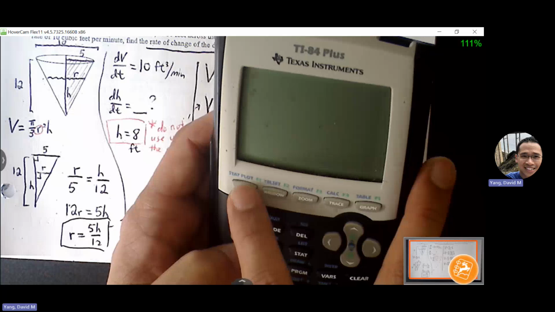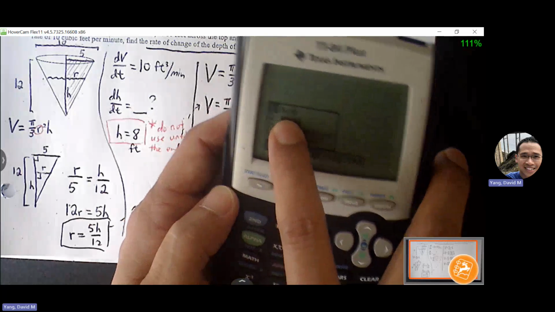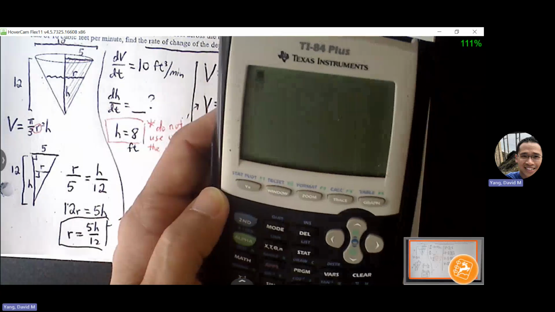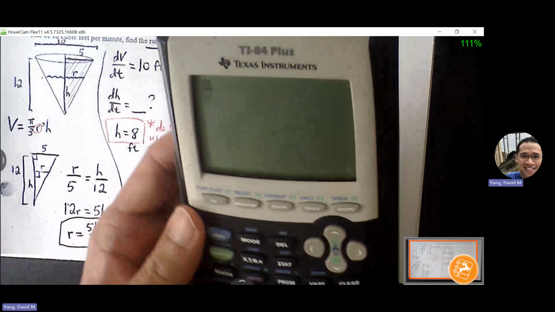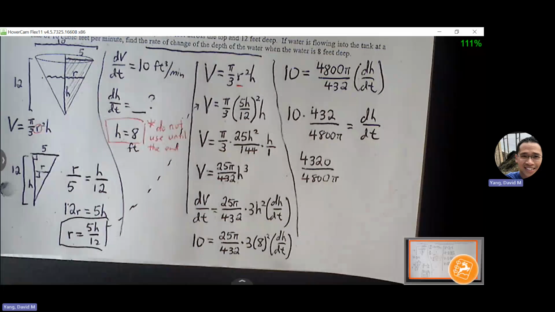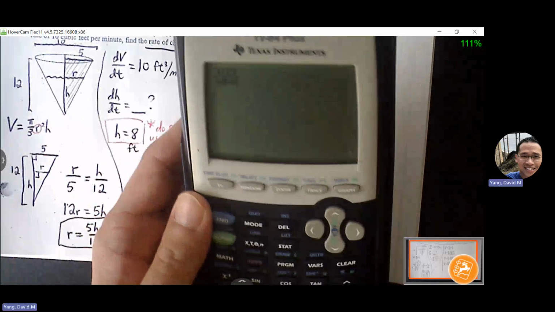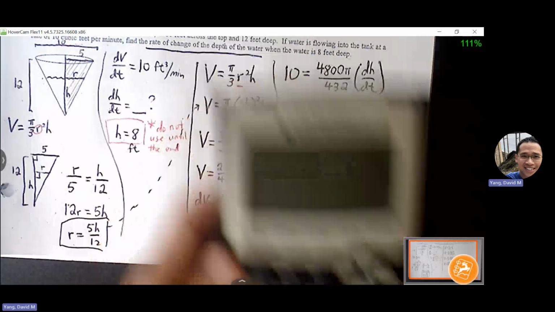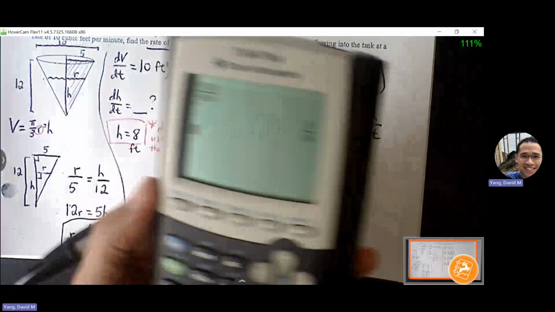If you do alpha y equals, there's that n over d feature, which you can get that nice math print to show up. And then you just type in 4320 over 4,800, without the pi. That's right, without the pi. And it simplifies it for you.